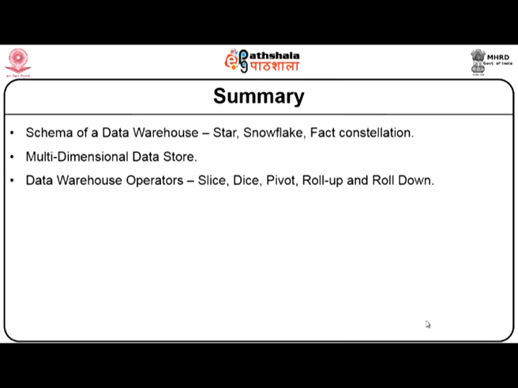So in summary, in this particular session, we started with defining different schemas of a data warehouse: star schema, snowflake schema, and fact constellation schema, which are different ways of presenting organizationally structured data, involving fact tables and dimension tables.